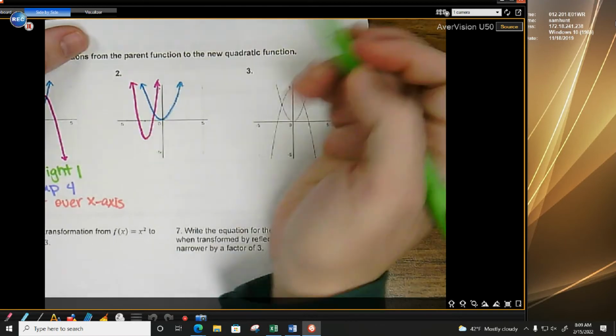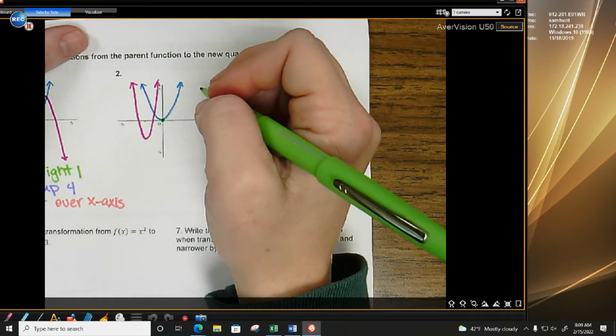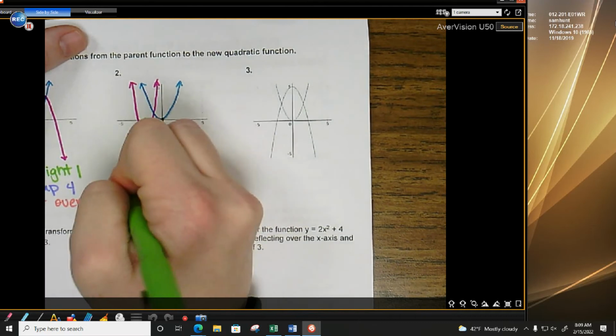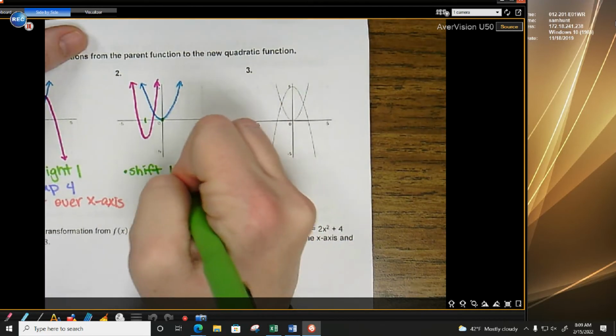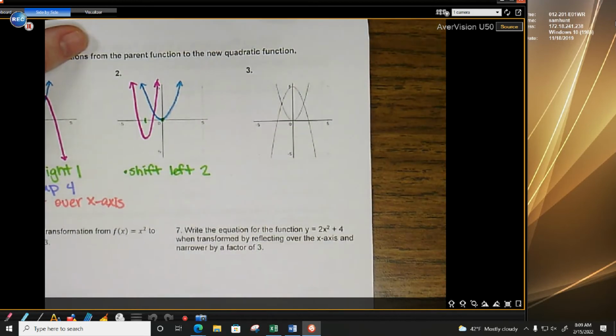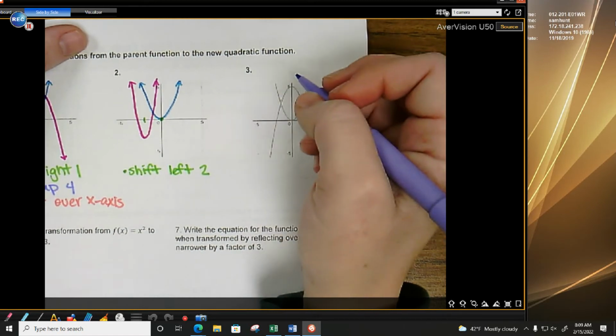And it's 2. Again, any we give you on your test or quiz will be a better graph. Sorry. Shift left 2. But if I shift left 2, am I now at the new vertex? No, I also need to shift down. Anybody want to venture how much we're shifting down? It's 3.